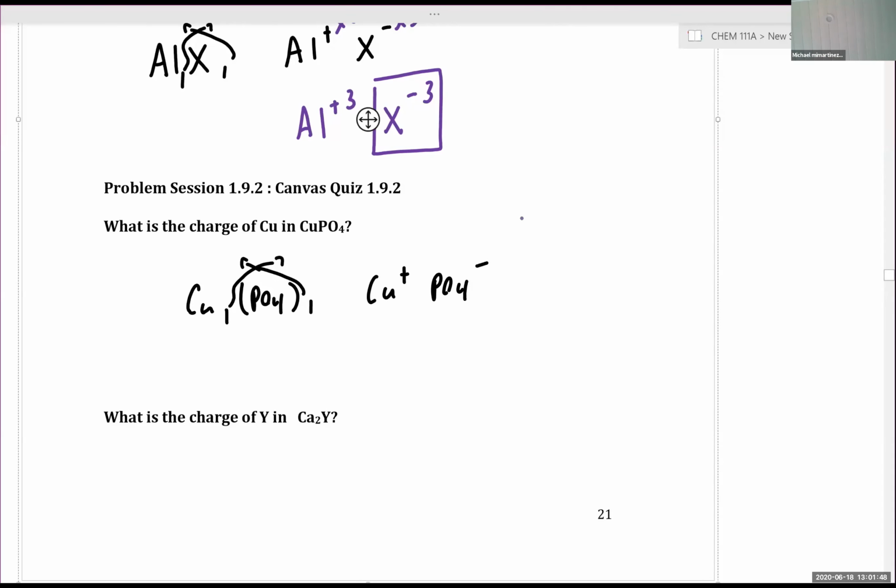However, we know that phosphate, what is the charge of phosphate? 3 minus, yep. So we need to multiply each of our charges by 3. That gives us copper plus 3 and phosphate 3 minus.